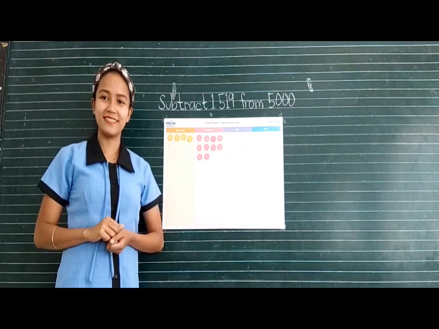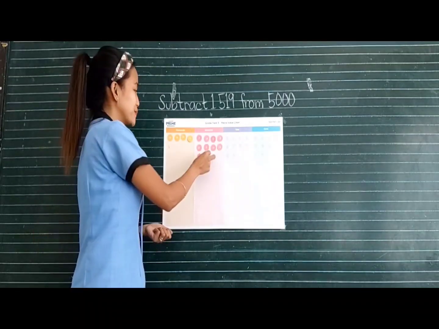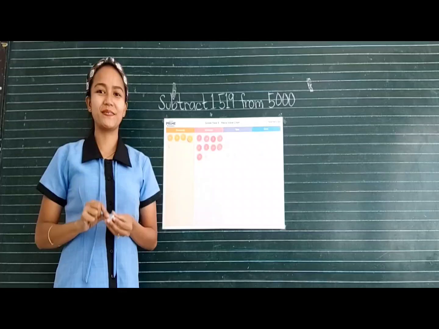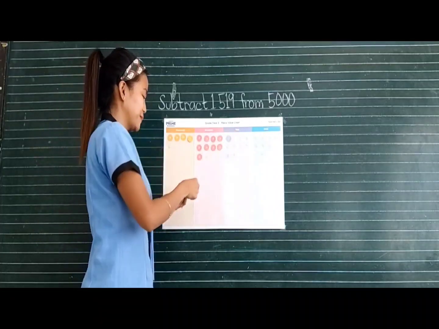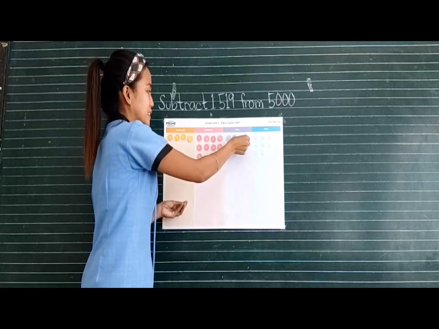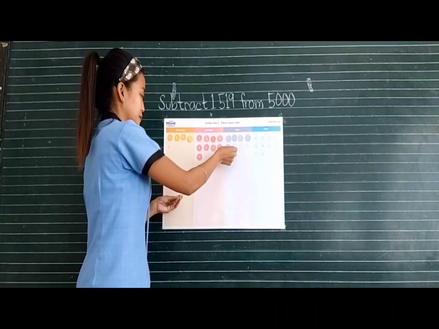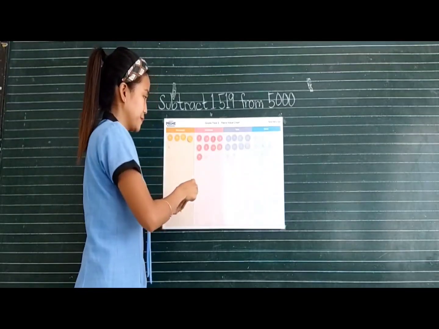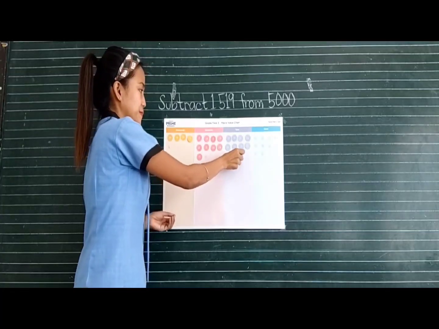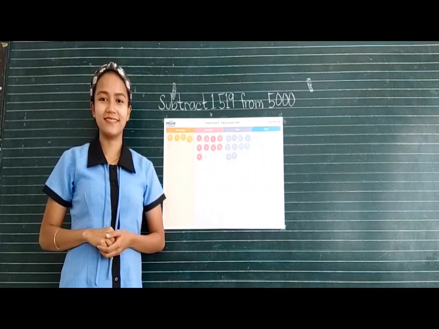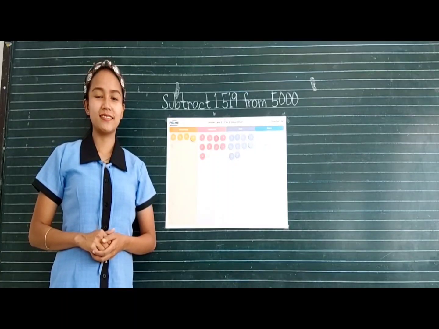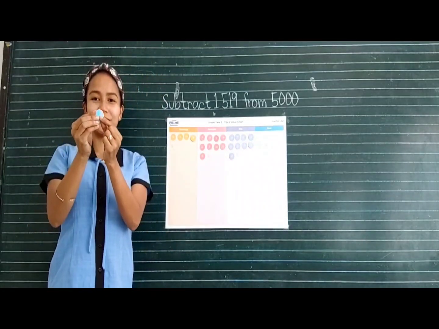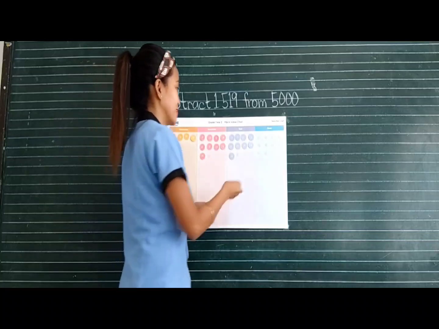And since 100 is equal to 10 tens, we can exchange 1 counter from the hundreds column for 10 counters in the tens column. And since 10 is equal to 10 ones, we can exchange 1 counter from the tens column for 10 counters in the ones column.